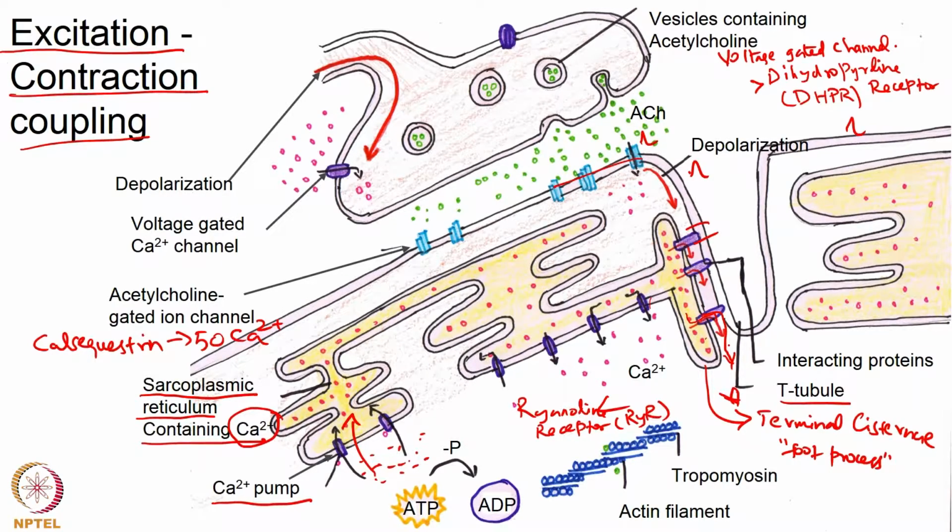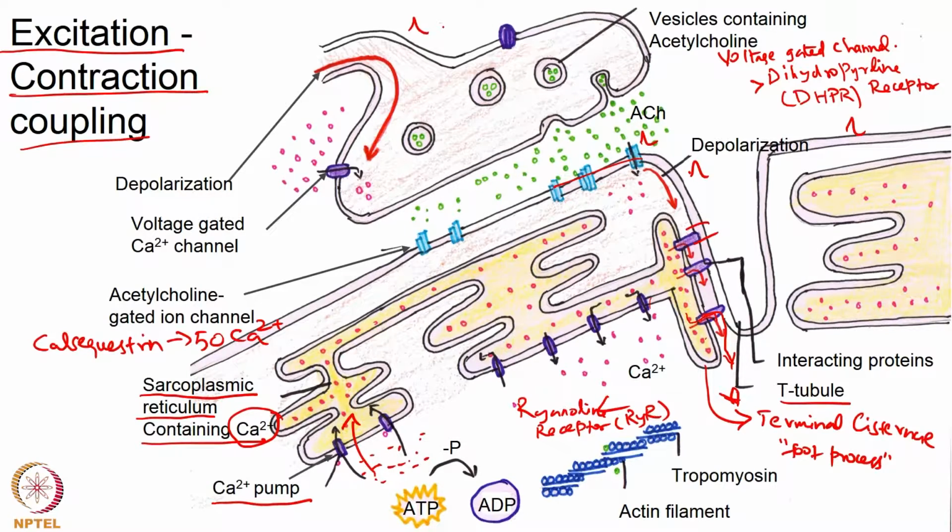Okay. So, what we have seen so far: an action potential arriving at the presynaptic terminal causes a release of acetylcholine, which then binds to the nicotinic cholinergic receptor, leading to an influx of sodium. When so much sodium enters that it reaches the threshold of the voltage gated sodium channels, it causes an action potential, and this action potential travels along the sarcolemma of the muscle.